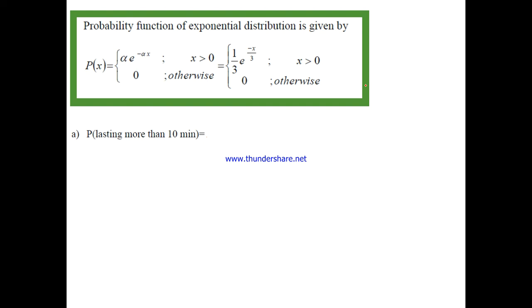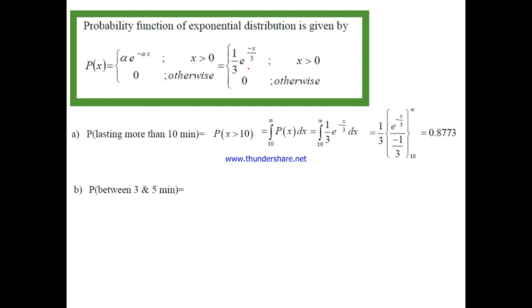Probability of x greater than 10 means it will start from 10 and go on up to infinity, so 10 to infinity. Our function is 1 by 3 into e to the power minus x by 3. Substitute that. When we integrate and apply the limits, our value is 0.8773.